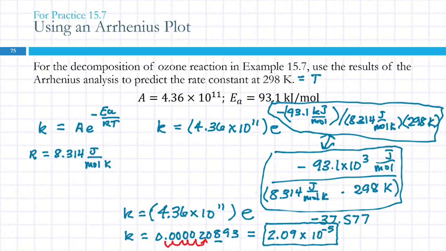Because we got 93,100 and something, right? Joules, right? So you could just use that number in there.